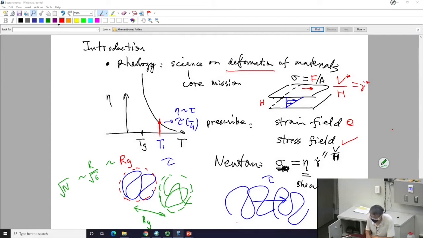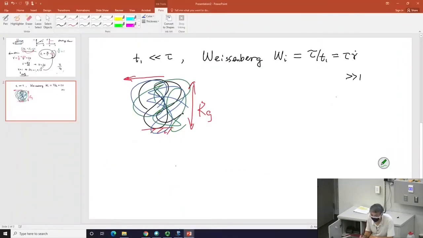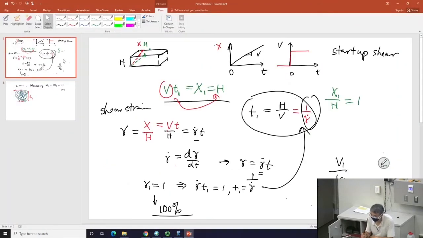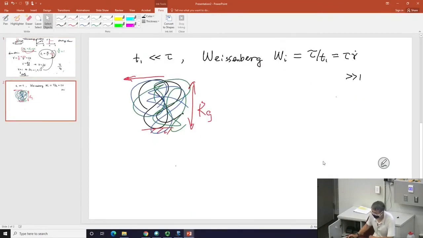I have this definition of rheology, and our second point could be the Weissenberg number, a measure of how fast we are doing deformation. So from that we had a definition of the Weissenberg number like this.